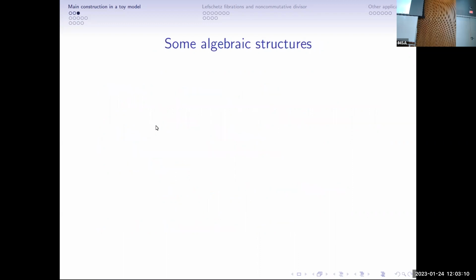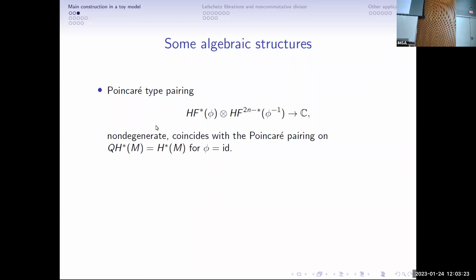As we know from Floer homology, these Floer homology groups have some algebraic structures. It's also the case for fixed point Floer homology. For the purpose of this talk, I'm going to focus on 2 aspects of that. Firstly, it's called the Kronecker pairing.